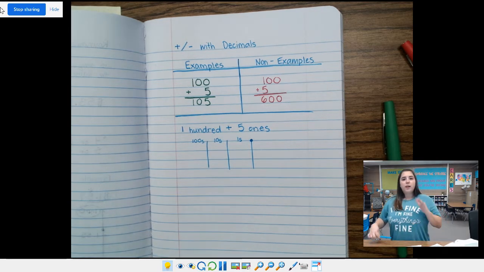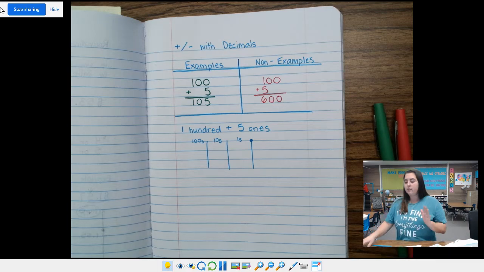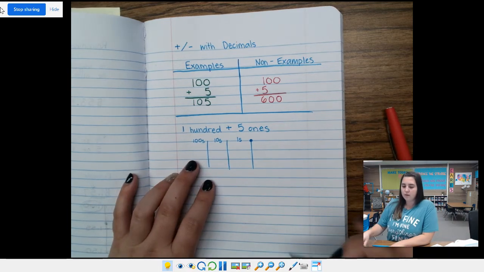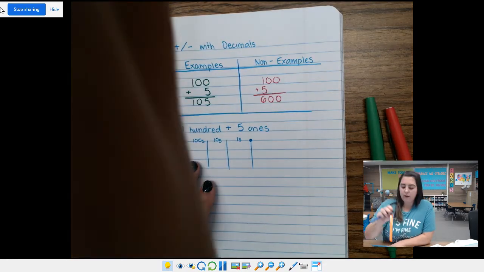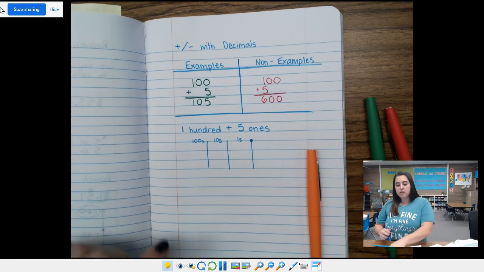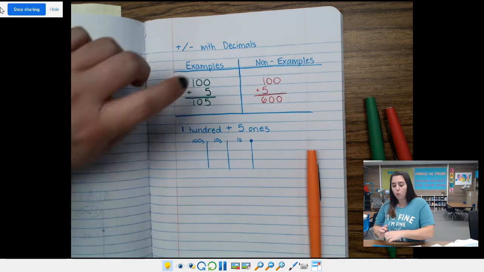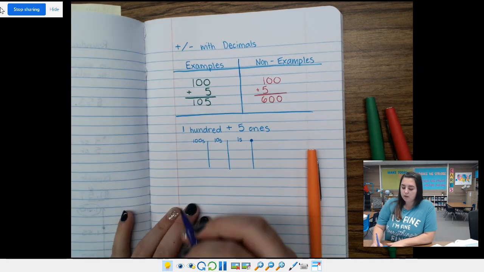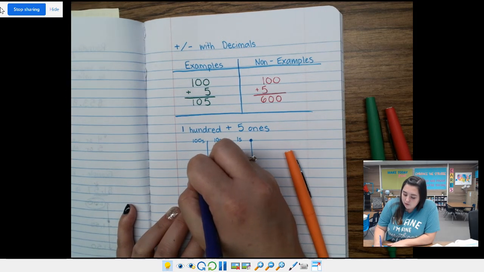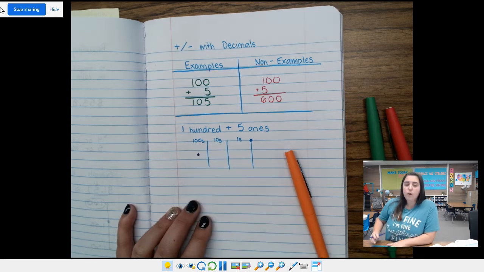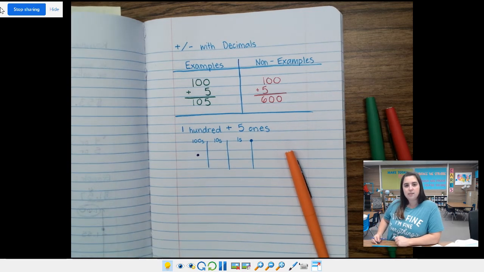If you have other colors, it might be nice. You could also use just your green and red. That's also fine. Well, I have other colors, so I'm going to use something else. Here we go. So for my first number, I had just 100. So I'm going to draw that here. I have 1 in the hundreds place.